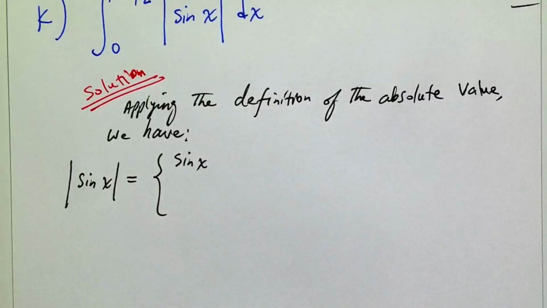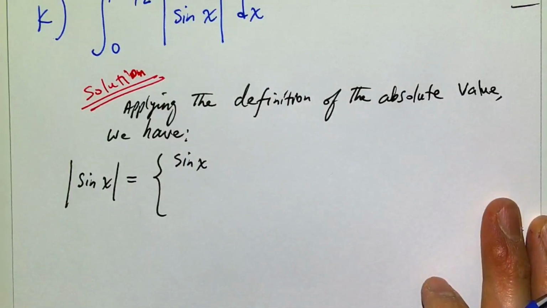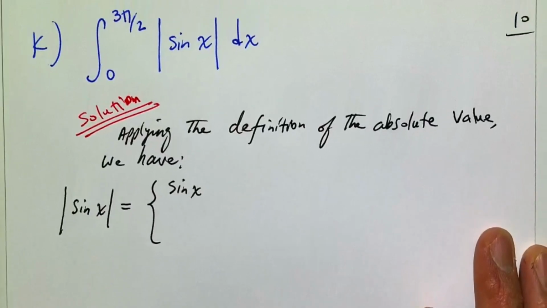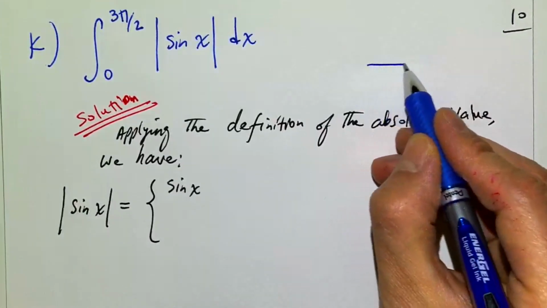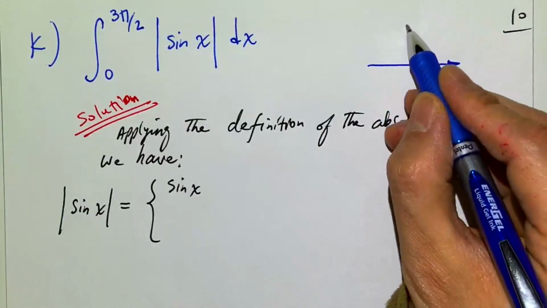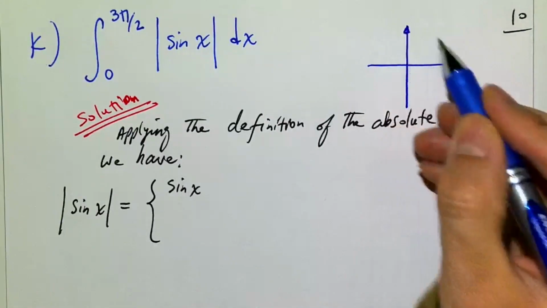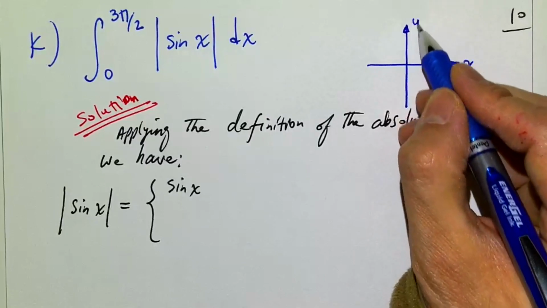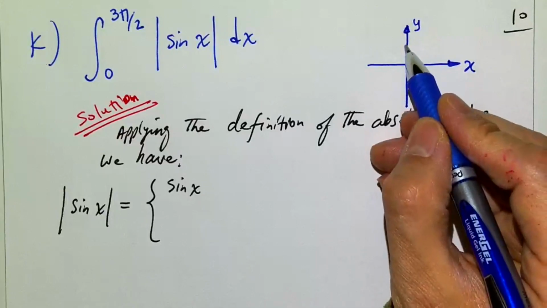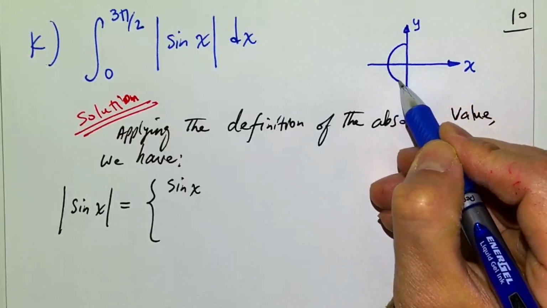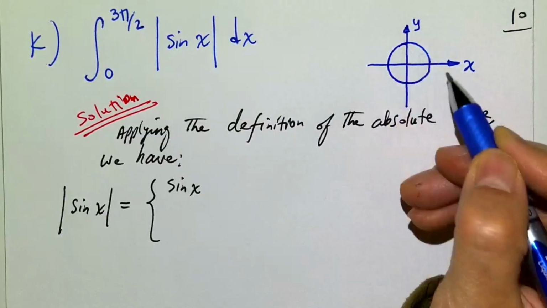Well, let me draw a sketch here just in case. Maybe I can fit it right here. It's just a small drawing. We did this a lot in Math 127. If we draw a unit circle, let's say something like that, right?